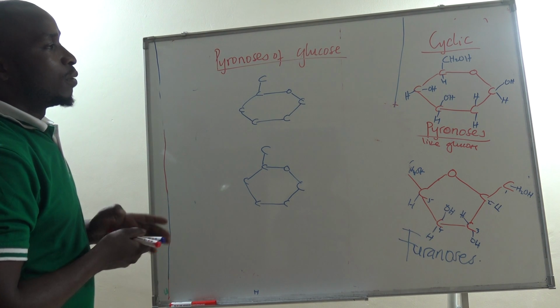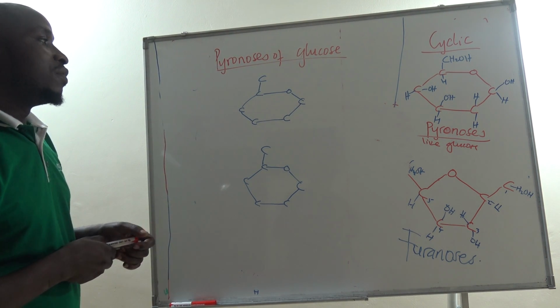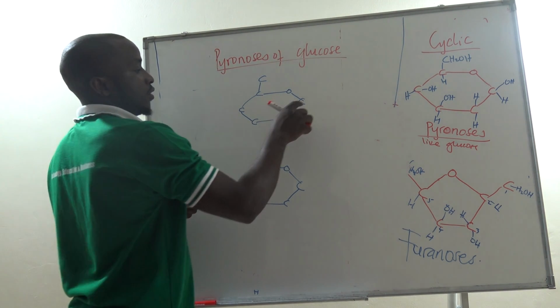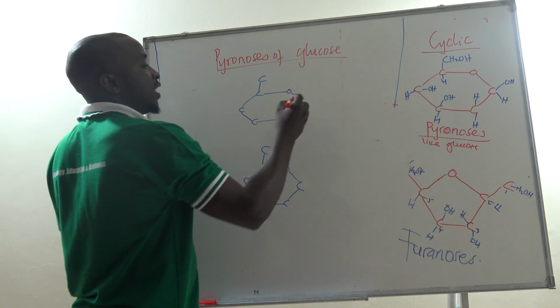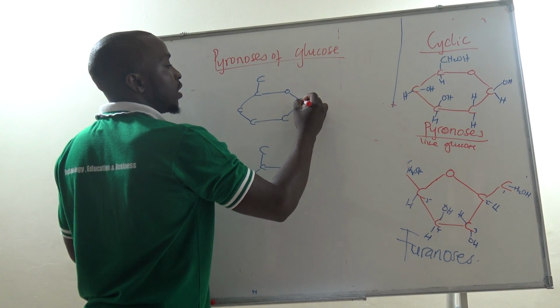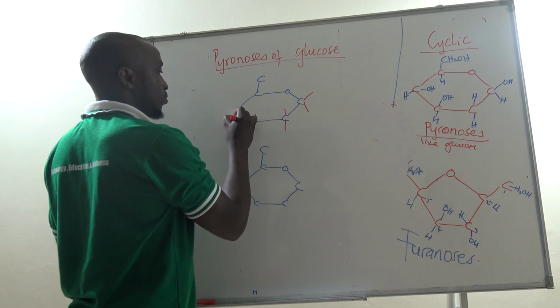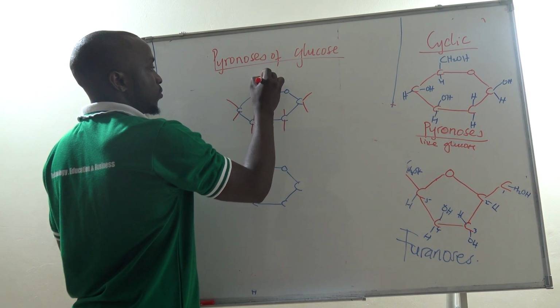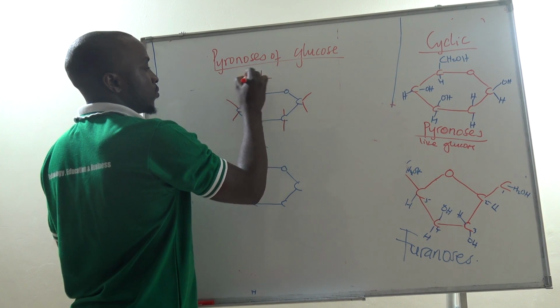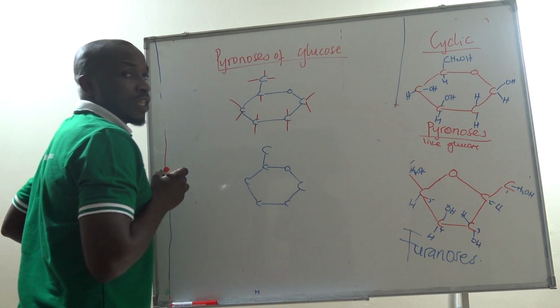So what can separate pyranoses so that we get different pyranoses? The arrangement of hydrogen and hydroxyl groups in space. How are they arranged?